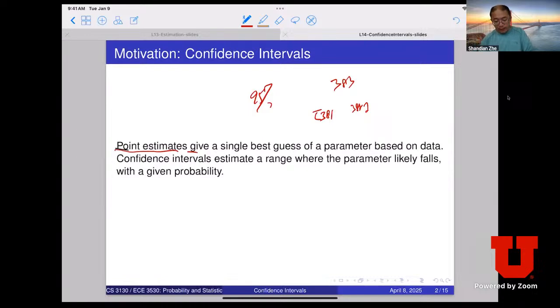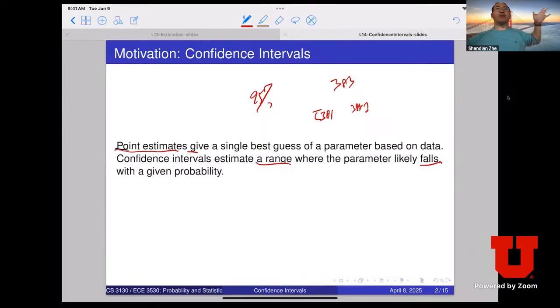So the confidence intervals are trying to estimate a range where the parameter falls with a given probability. You know some unknown parameter is a constant, it is unknown, and there must be some ground truth there, but you don't know the exact value of that ground truth.